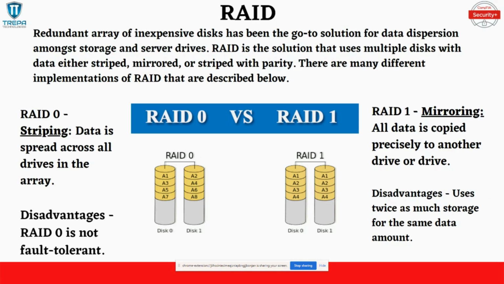Well, RAID 0 is going to use something called striping. RAID 1 uses something called mirroring. And then RAID 5 and 6, which we'll get into, will use something called striping with parity. And then we have RAID 10 and 50, which are going to combine all three: parity, striping, and mirroring. Let me write that better. Parity.